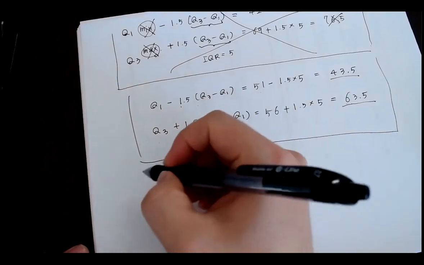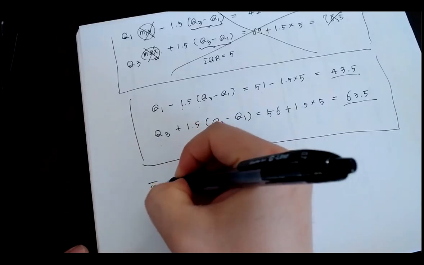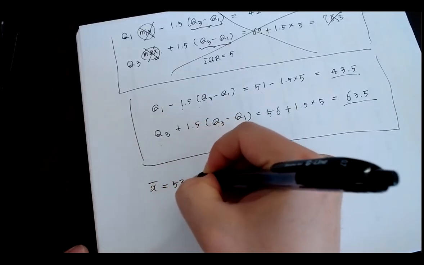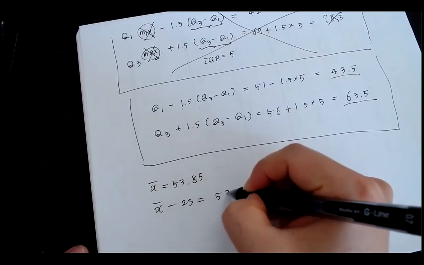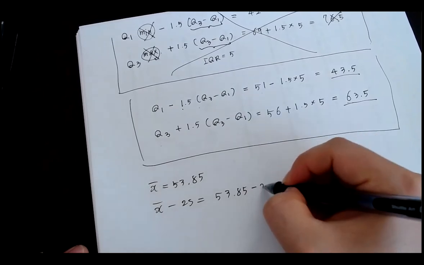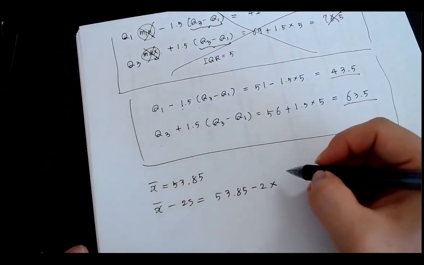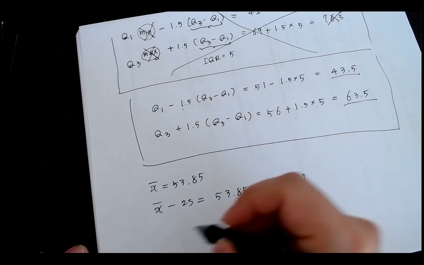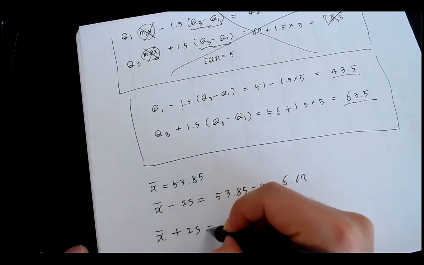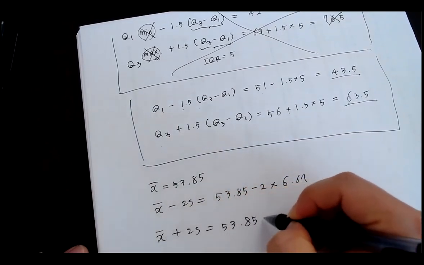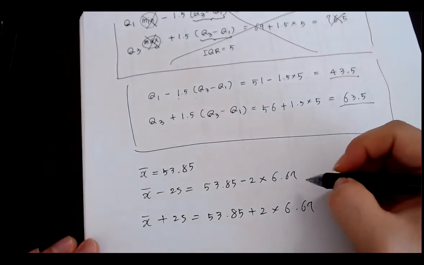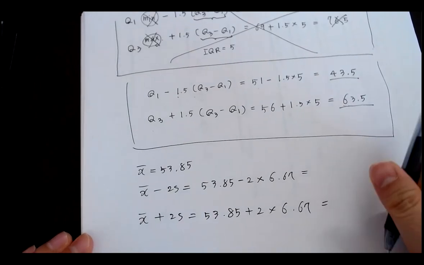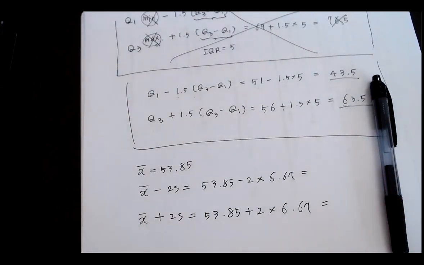So right here, x bar in this data set is 53.85, right? Then x bar minus 2s is 53.85 minus 2 times the sample standard deviation, 6.67. And x bar plus 2s is 53.85 plus 2 times 6.67. So you calculate them, and those are the cutoff values.